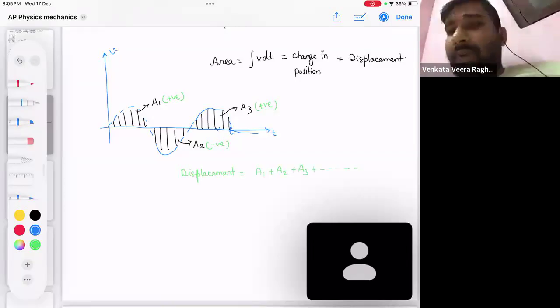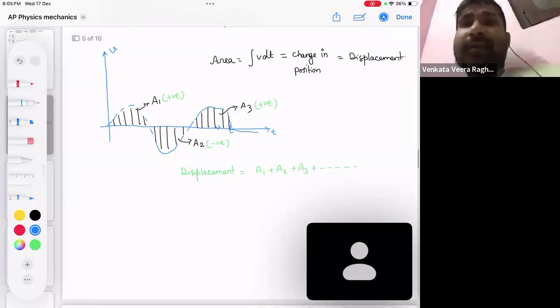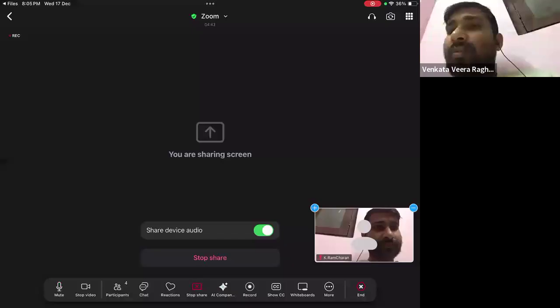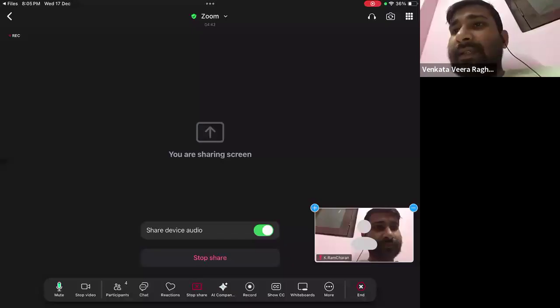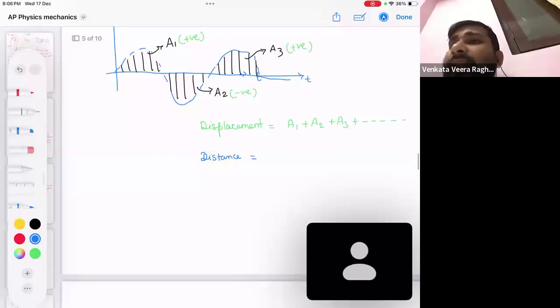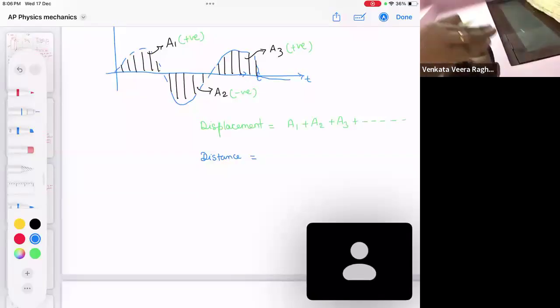But if you want to know the distance traveled by the particle, then what will it be? Distance means what? Positive and negative displacement means what?